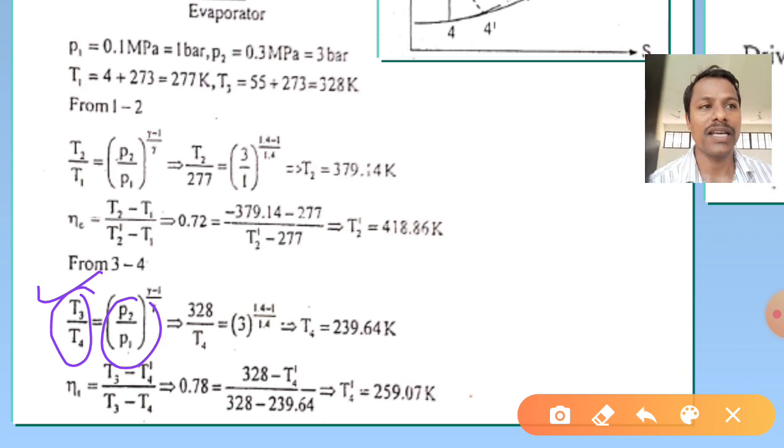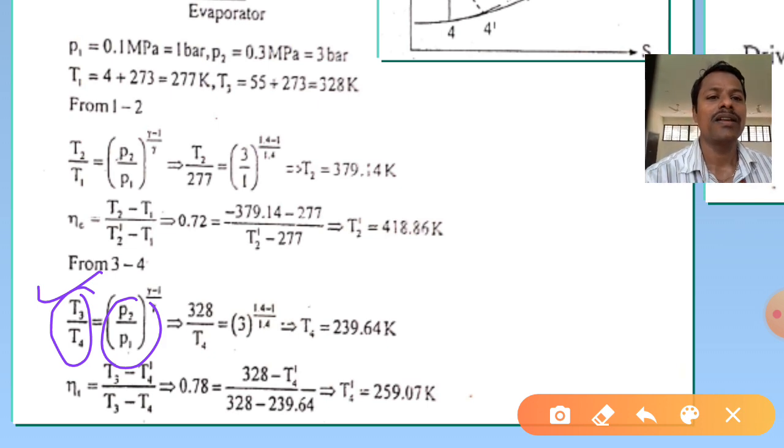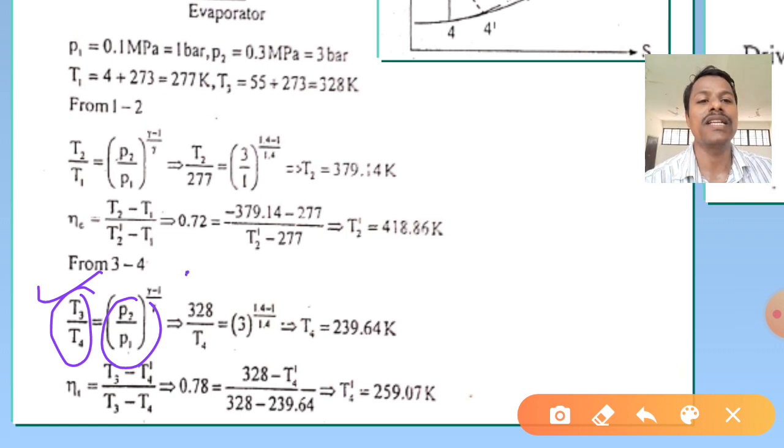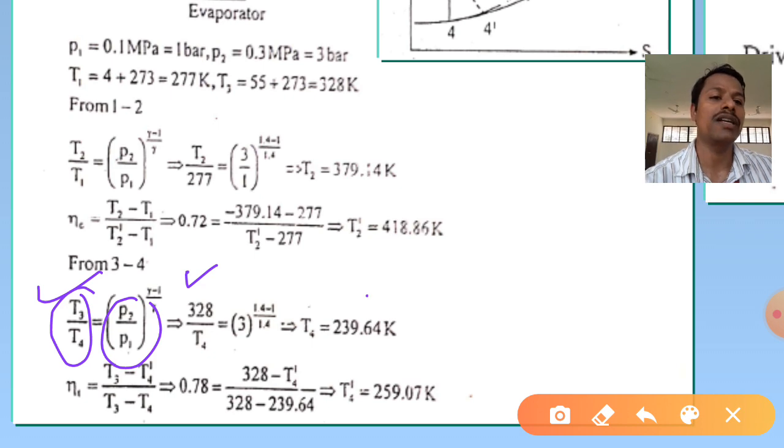For the Bell-Coleman cycle you can replace it. Then I substitute the temperature T3, it is 328 Kelvin given, and T4 I wanted, and just operating the calculator I will get T4 as 239.64 Kelvin.